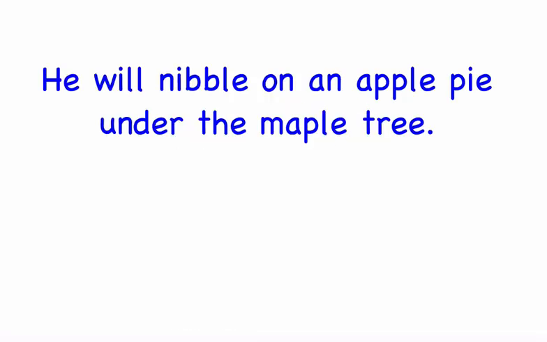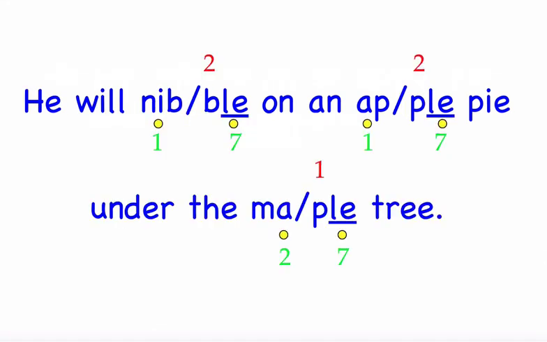On an apple, ap, two sounds, A, P. Pull, two sounds, P, ul. Apple, pie. Under the maple, may, two sounds, M, A. Pull, two sounds, P, ul. Maple, tree. He will nibble on an apple pie under the maple tree. Mark the words in this sentence. He will nibble on an apple pie under the maple tree.